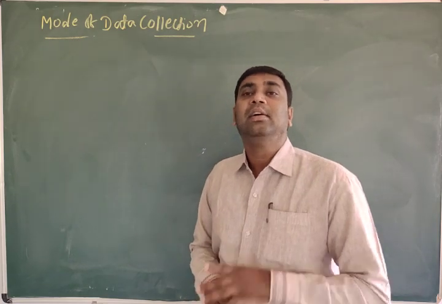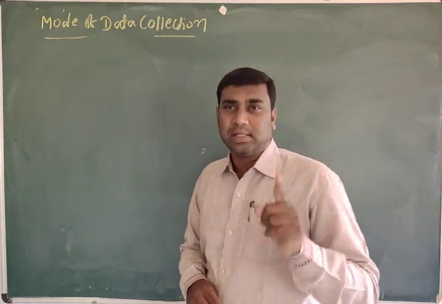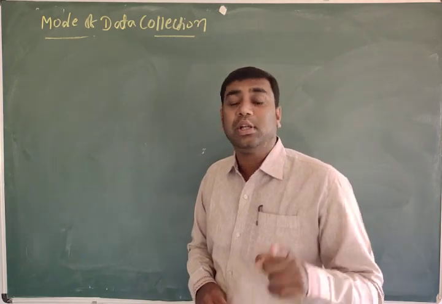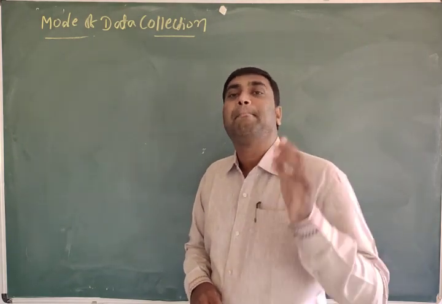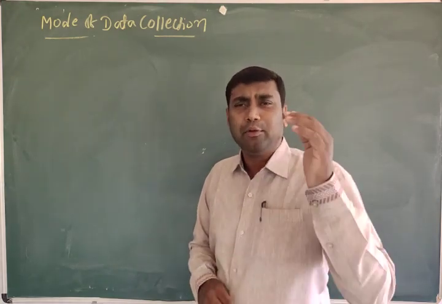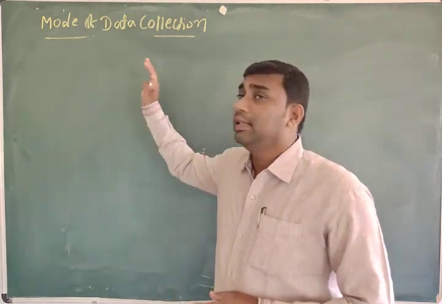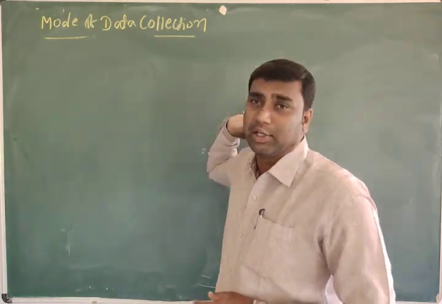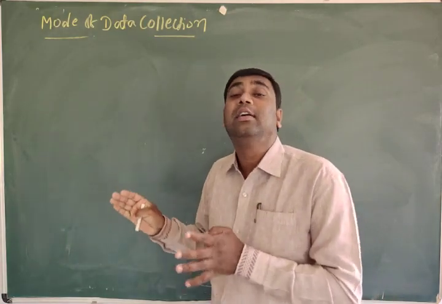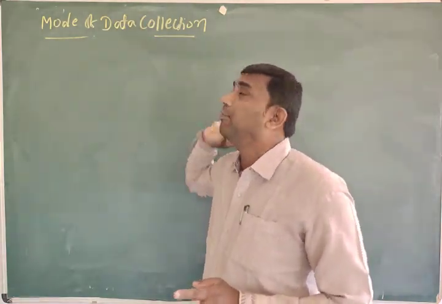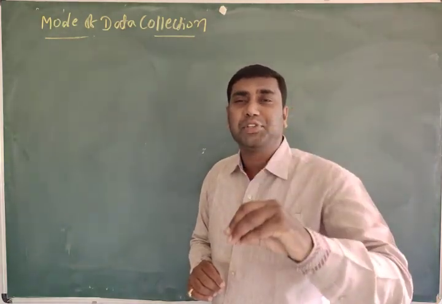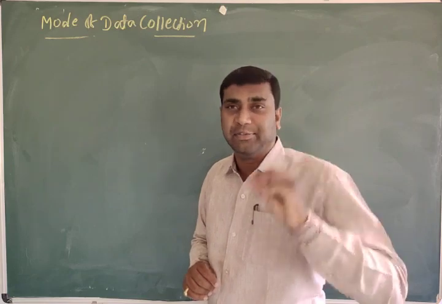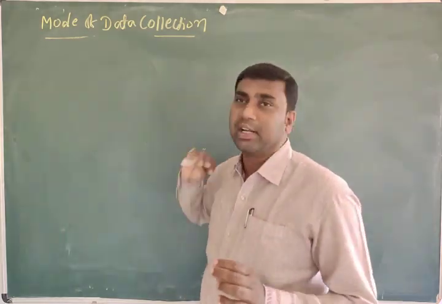Under the primary data there are four: personal interview, mailing questionnaire, telephone interview, and pilot survey. One by one we have to discuss. Which way we collect the data, that is called the mode of data collection, the mode in which the enumerator, investigator or researcher can collect the information.